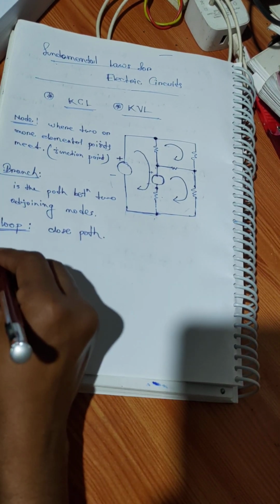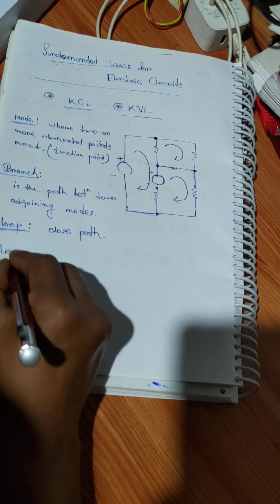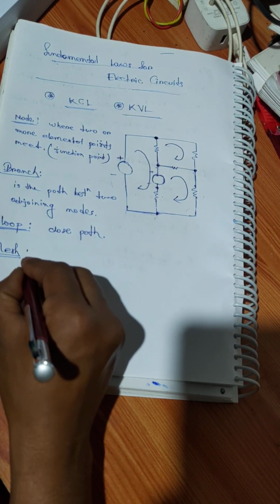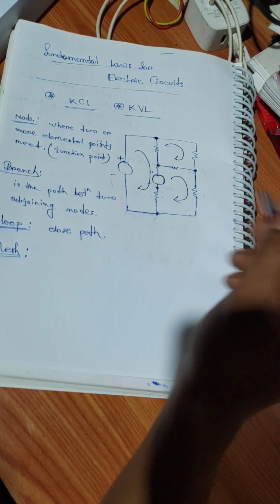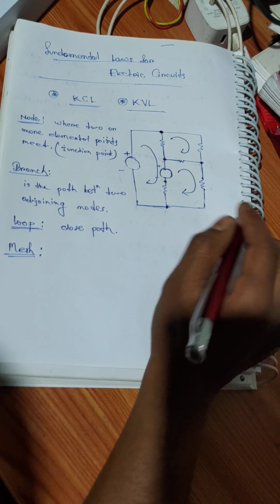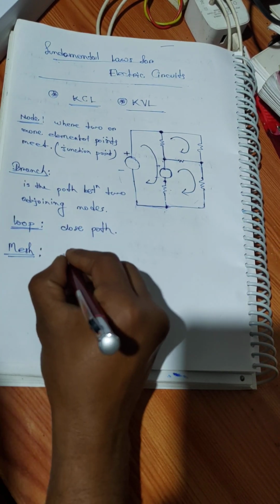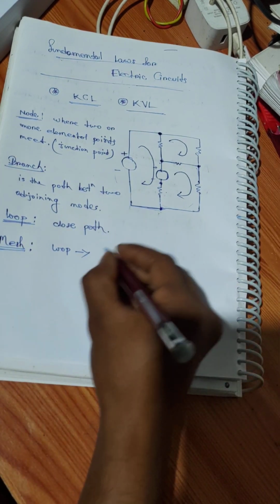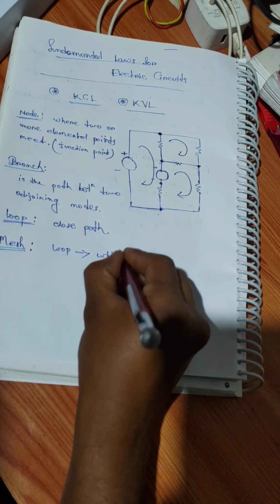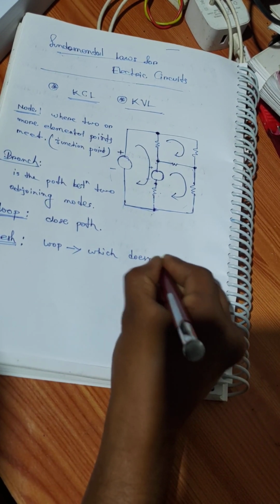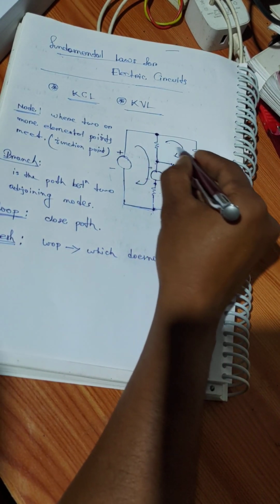Then mesh. It is almost the same as a loop. A mesh is a loop which does not contain any other loop. Here this total is also one loop.